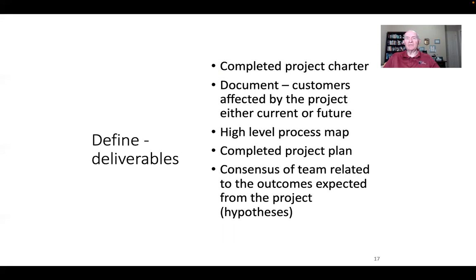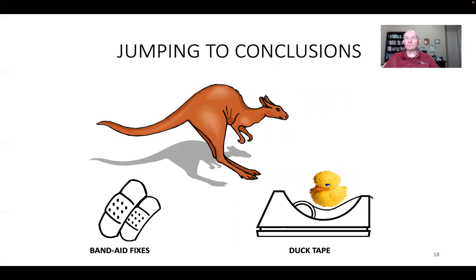So at the end of this phase, we should have a completed project charter, identified the customer needs, the customer expectations, and the critical to quality components that we're looking for. You might create a high-level process map of your current state, and you could hopefully get some consensus from your team members as to what the hypothesis is, what your expected goal is, and how you might go about it.